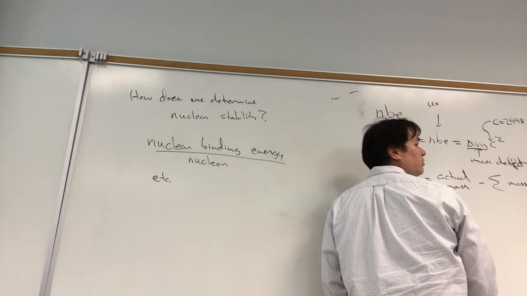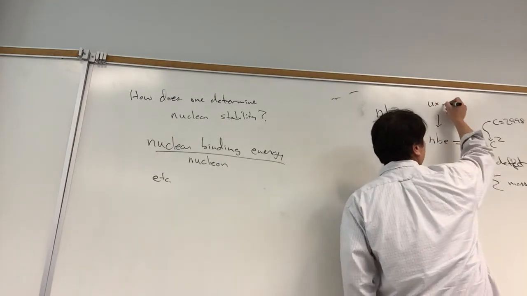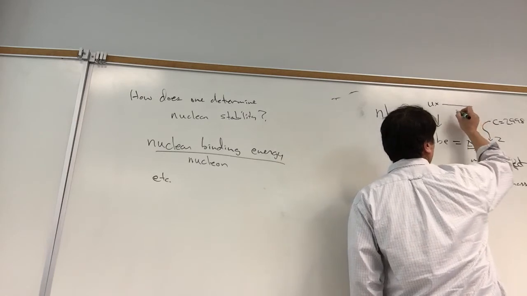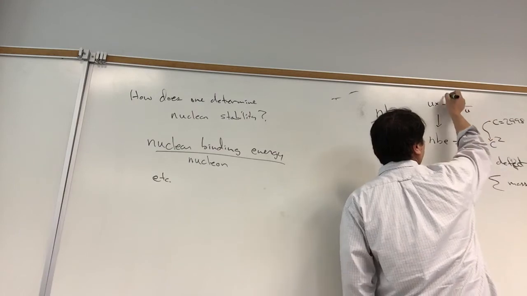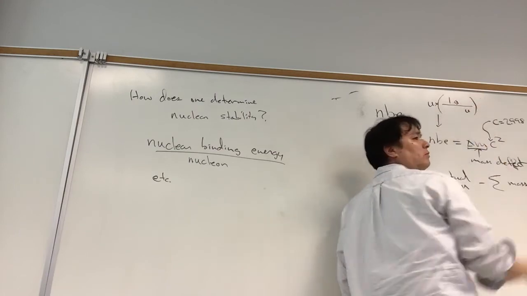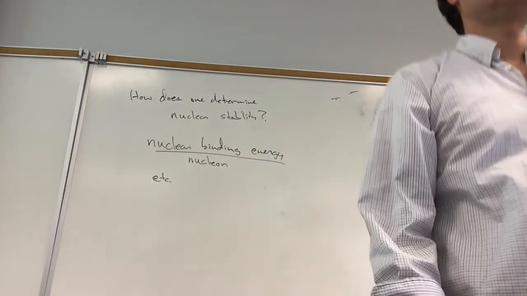How do you convert U into grams? Everybody should know this conversion factor. That is, in 1 gram, how many U are there? Do you know how many U are in 1 gram?